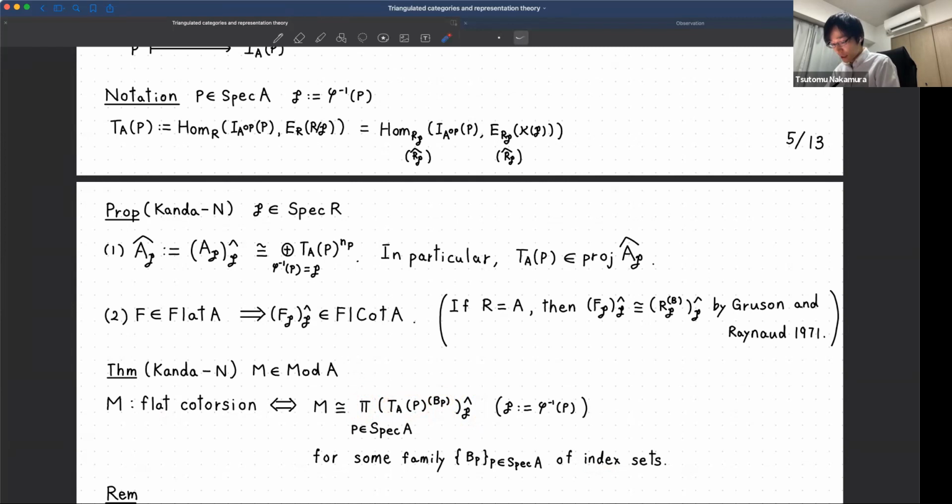So each module is indecomposable, especially a flat cotorsion right A-module. And in general, taking a direct sum may not preserve the cotorsion property, but an important fact is that if we take the p-adic completion, then this module is cotorsion and also flat. Okay. Probably, I think it is essentially mentioned here.